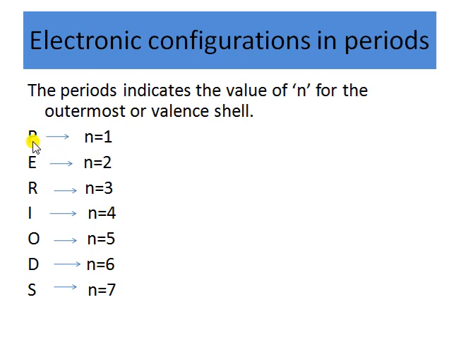For period 1, the symbol is n and the number is 1. If I am talking about period 2, then n is equal to 2, and for period 3, n is equal to 3. In this way we indicate the value of n in which the last electron enters the outermost valence shell.